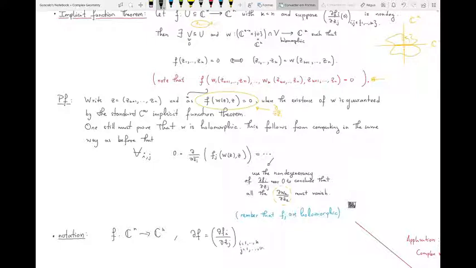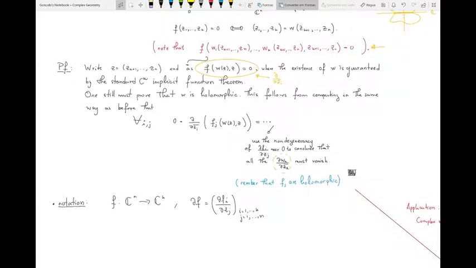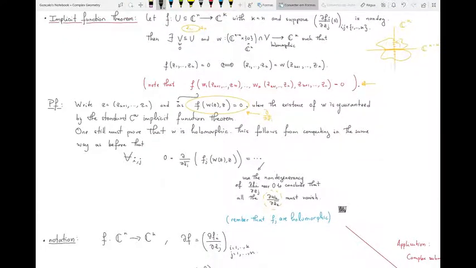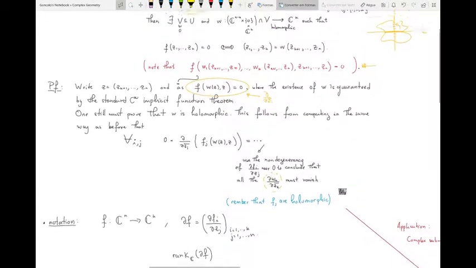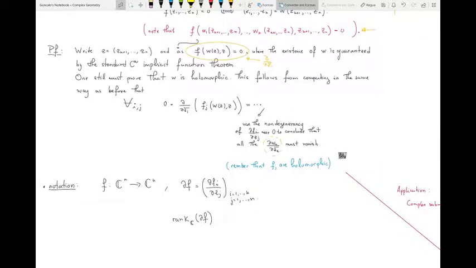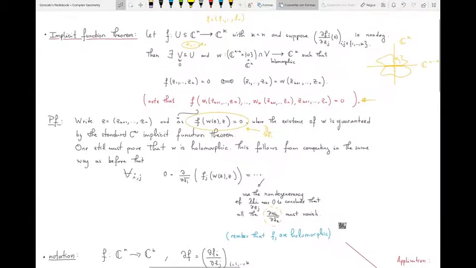So it's a rectangular matrix. And I'm going to call rank_C of df its complex rank. And then the condition, for example, that this guy here is non-degenerate, up to having to rearrange the coordinates, you can write slightly more generally as saying that the rank of df is k.